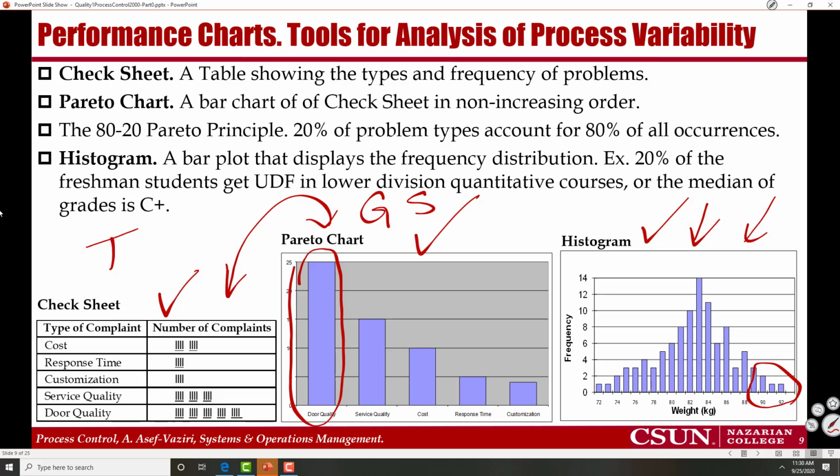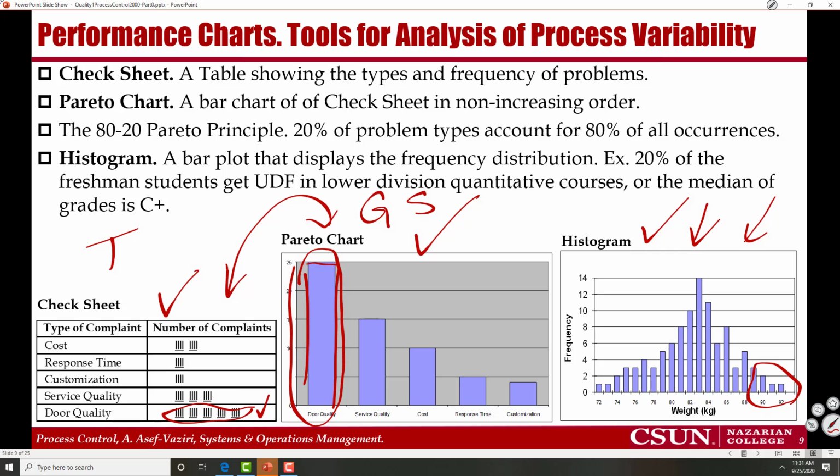I did not use the term decreasing order because we may have two problems where the number of observations are equal. Instead of decreasing, I said non-increasing, which means decreasing or staying at the same level. So in a Pareto chart, we identify our problems and then draw them based on their frequencies.